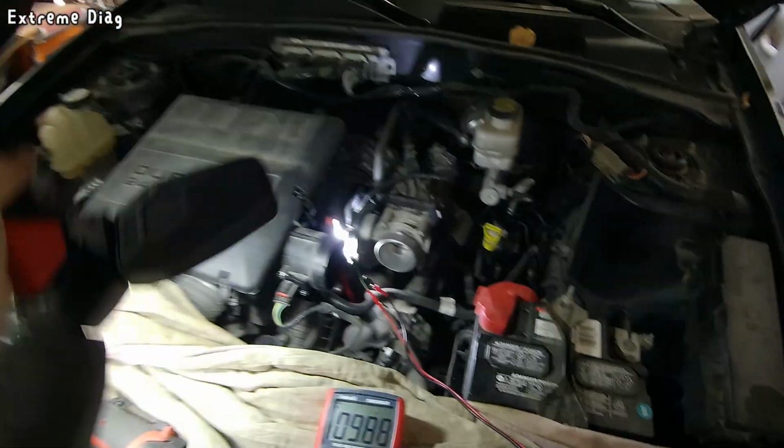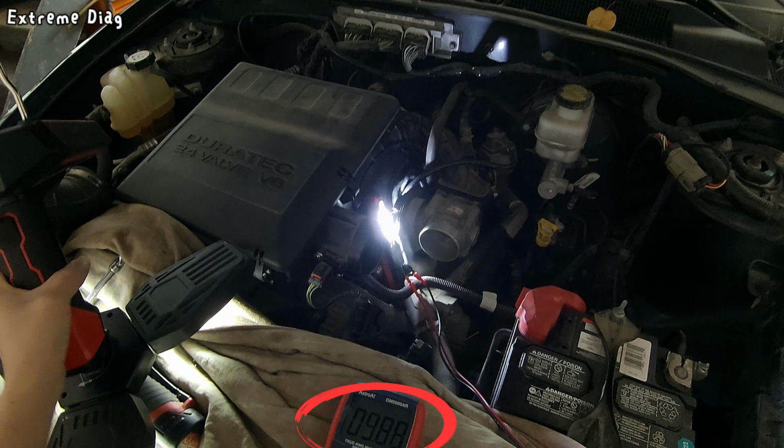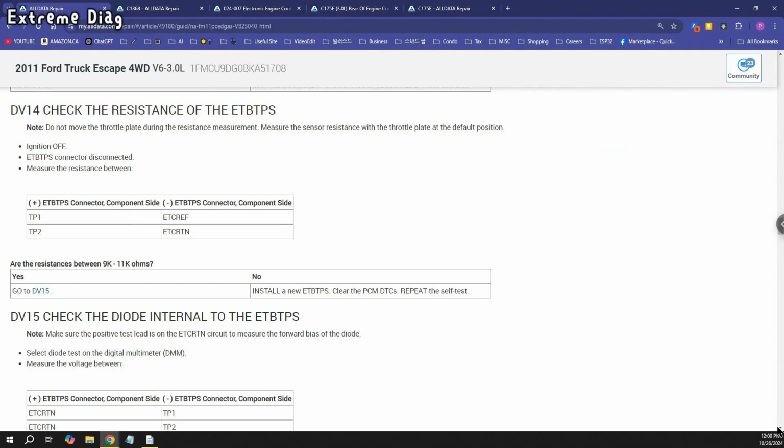Between pins 4 and 6, it reads 9.88. Multiply by 1000 for 9,880 ohms. The question is whether the resistance is between 9,000 and 11,000 ohms. The answer is yes, so proceed to DV15.